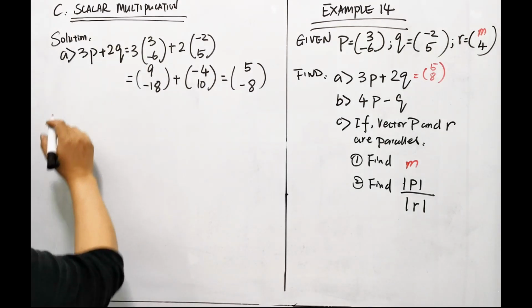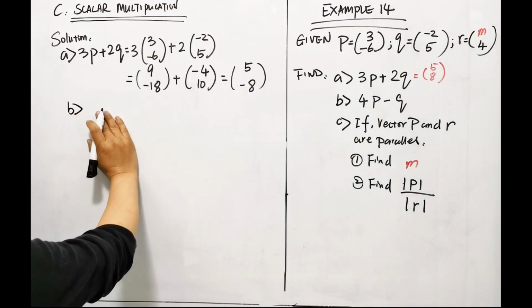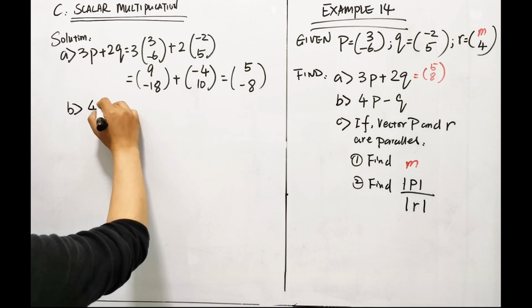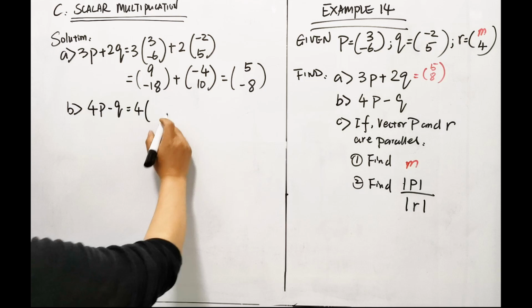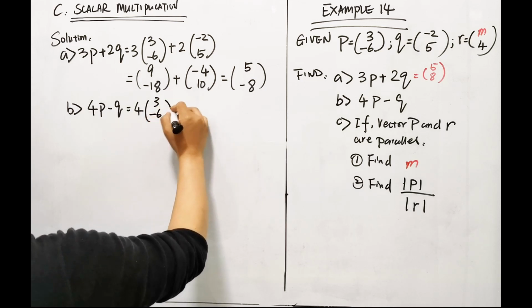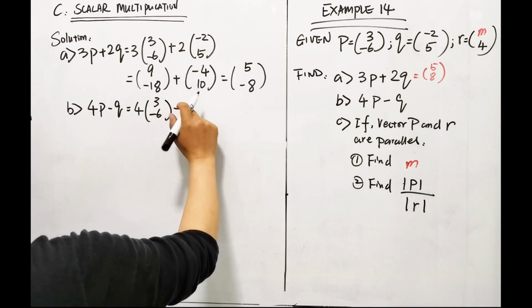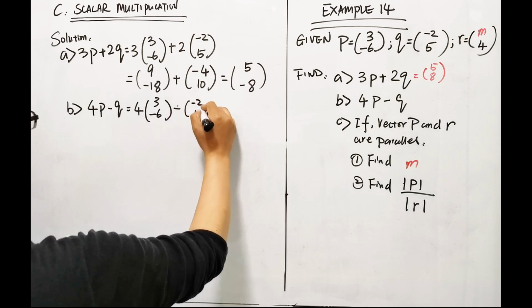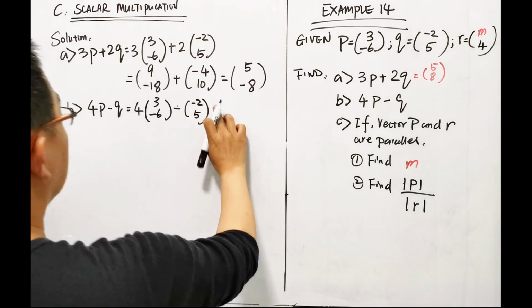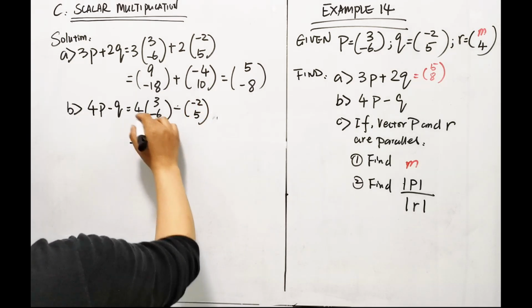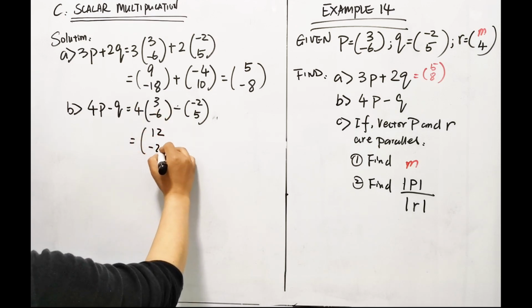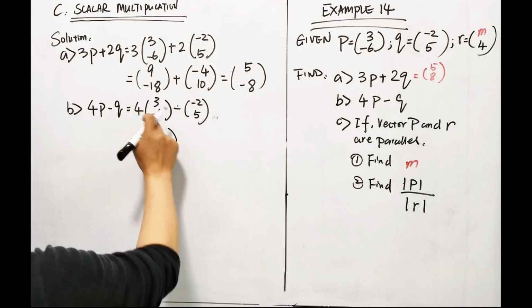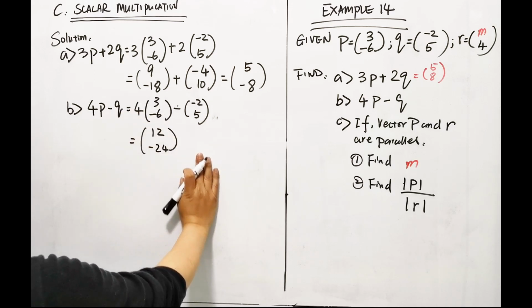Let's look at the second one. b is 4p minus q. p is (3, -6) minus q, which is (-2, 5). We bring the 4 in, so it becomes 12, and 4 times -6 is -24.